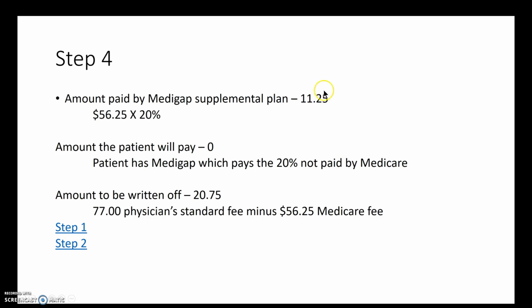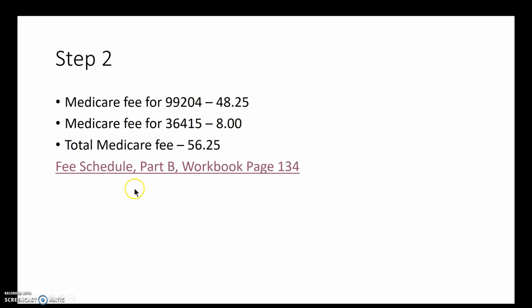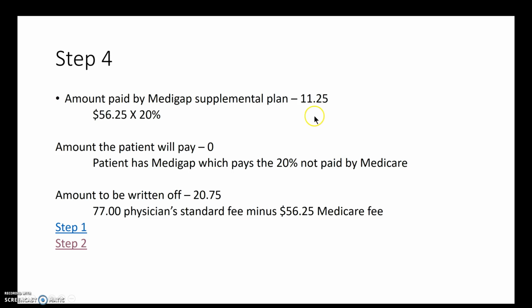So Medigap is going to pay $11.25, and that is the $56.25 times the 20%. Okay. So this is the Medicare fee, $56.25. We multiply that times 20% to determine what Medigap would pay. Now, if the patient did not have Medigap, the patient would be responsible for this $11.25. The amount the patient will pay will be zero because the patient has Medigap.